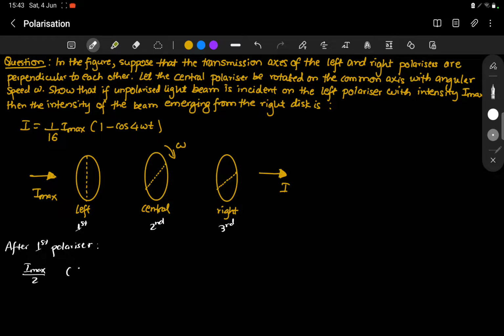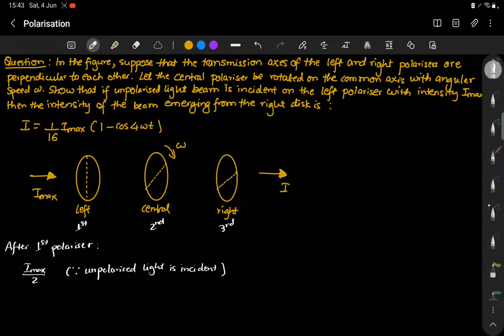Since unpolarized light is incident, this is important to start with.